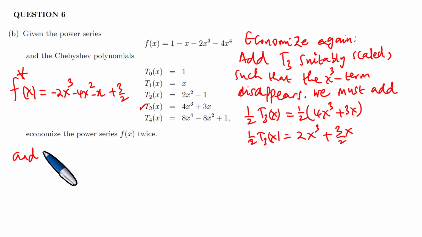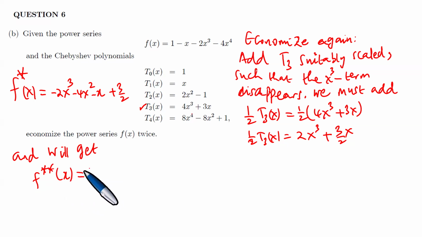And we'll get F double star of x, which is the second economized series.